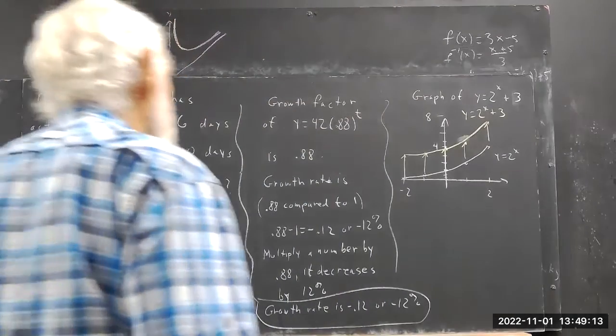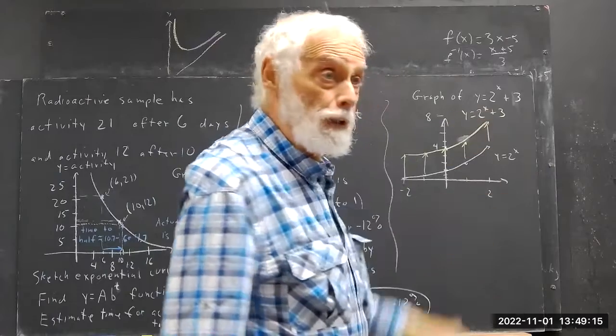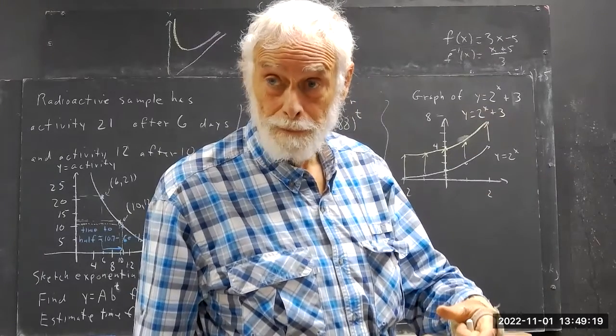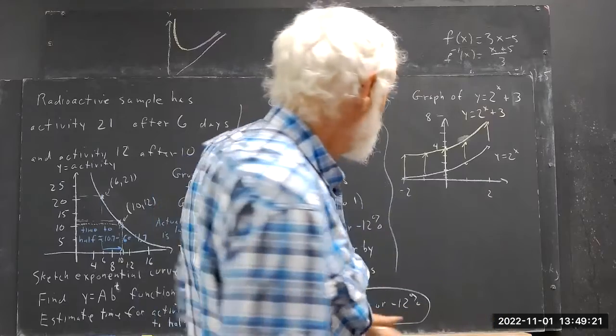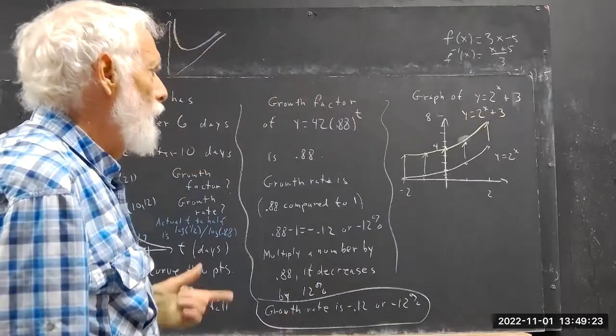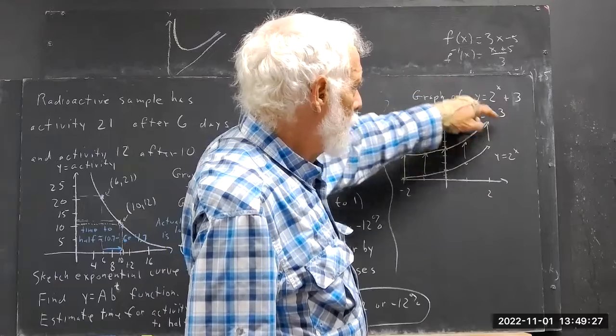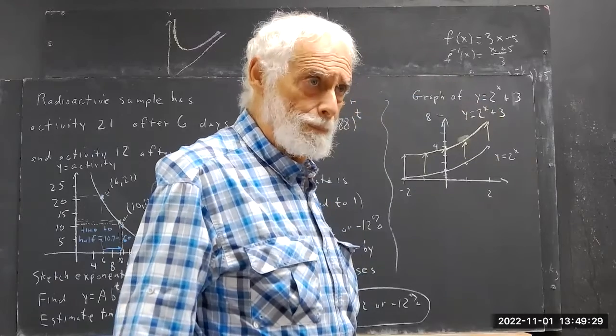If I was just given this graph and told there was an exponential function, how would I determine that it's a 2 to the x and it's being raised by 3?